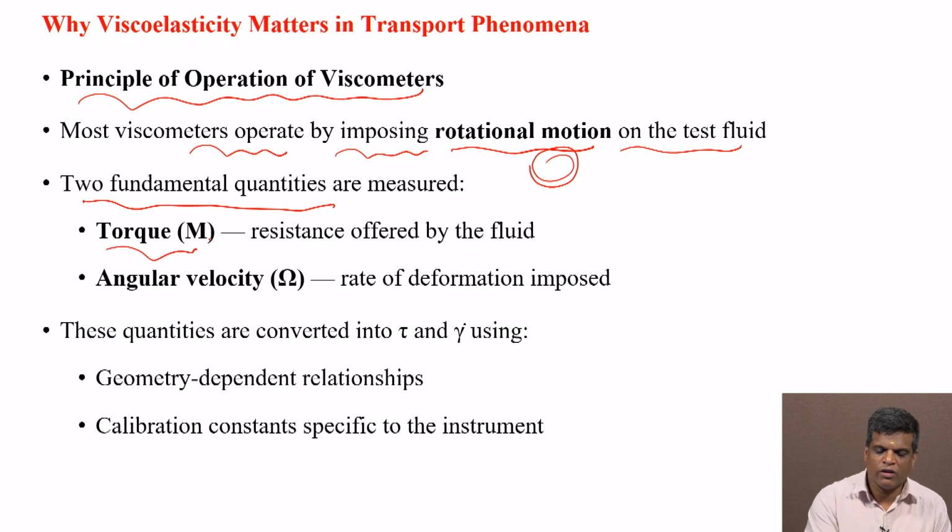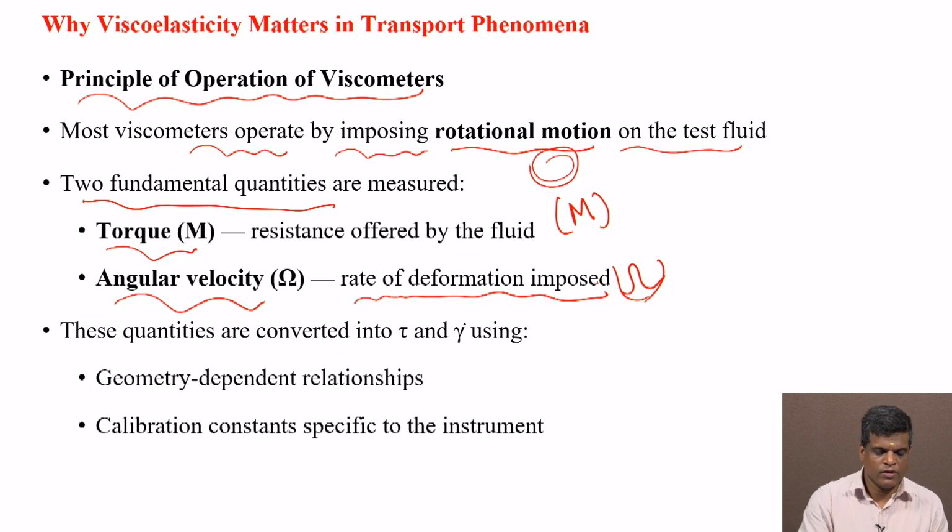One is the torque, which we always write as M. The other is the angular velocity, omega. So the rate of deformation imposed is the angular velocity, and you have to measure both the torque and the angular velocity. These quantities are converted into shear stress and shear rate.